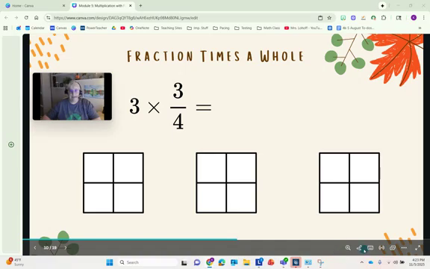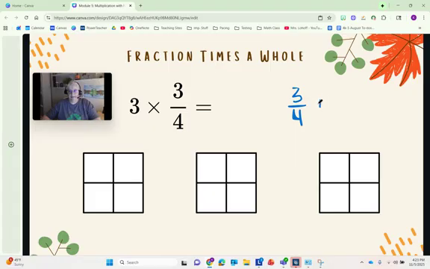So 3 times 3/4 really means we are taking 3/4 plus 3/4 plus 3/4.